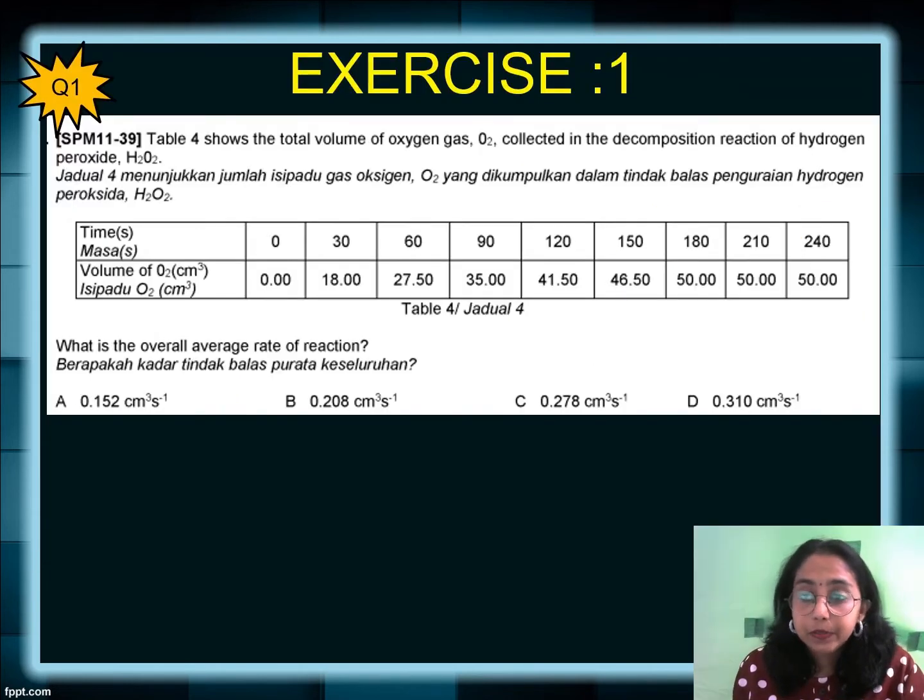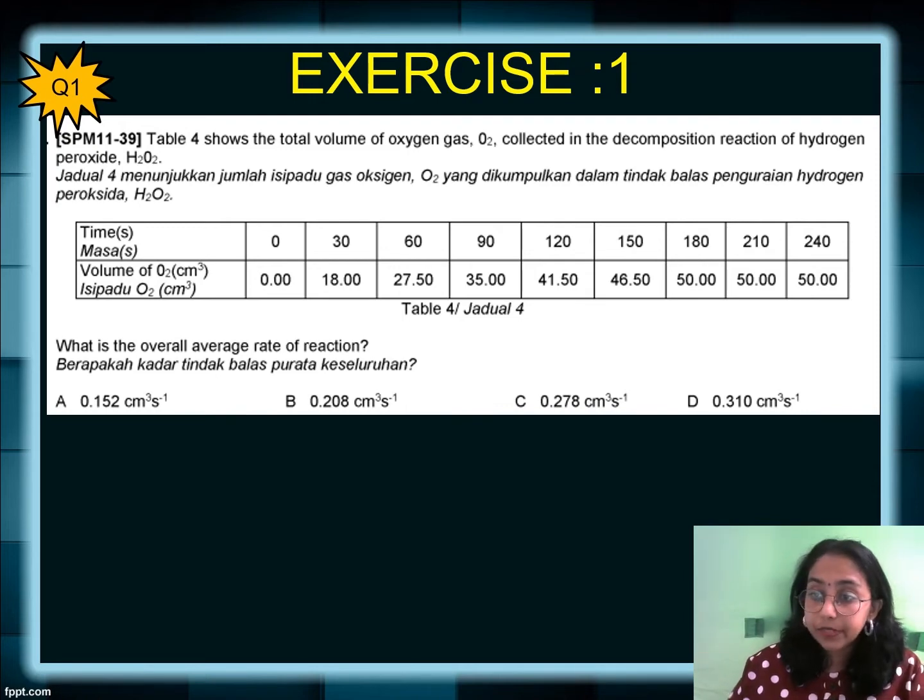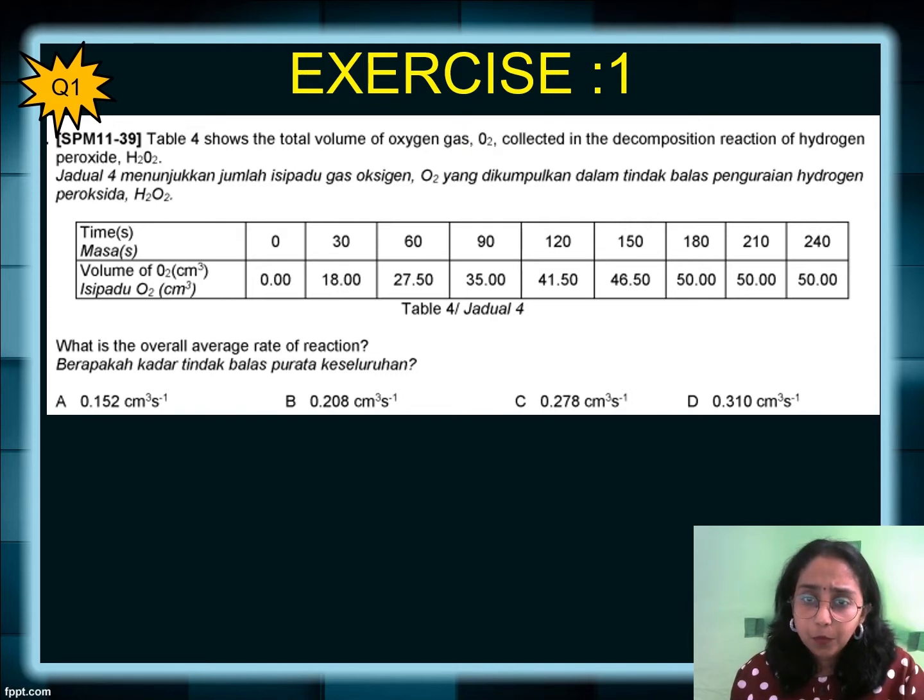Okay, so just now we looked at the method used for the calculation for average rate of reaction and instantaneous rate of reaction. Now let's try on the example of questions for the calculations. Now, as you can see here, question 1, table 4 shows the total volume of oxygen gas collected in the decomposition reaction of hydrogen peroxide, and the data table is represented to you.